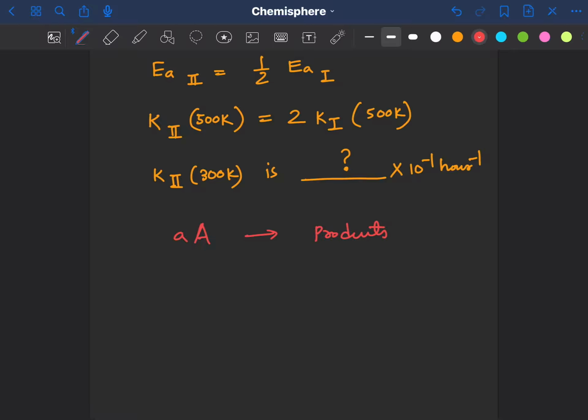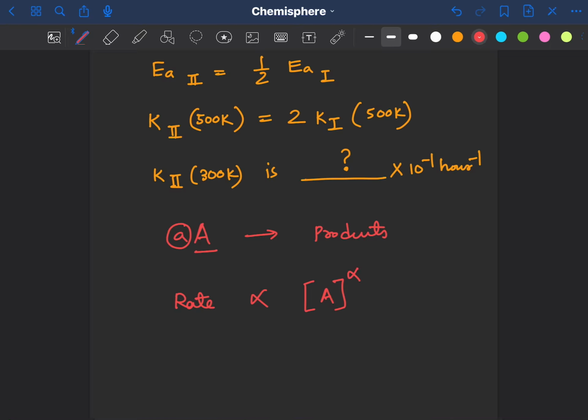We have experimentally observed that the rate of this reaction may not depend upon all the a. We know that the rate depends upon the concentration of the reactants, no doubt about it, but the power to which the reactant is raised may not be a. So we write that rate is directly proportional to the concentration of A, but the power need not be a.